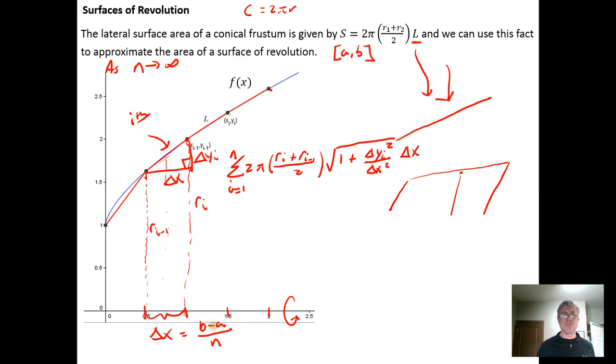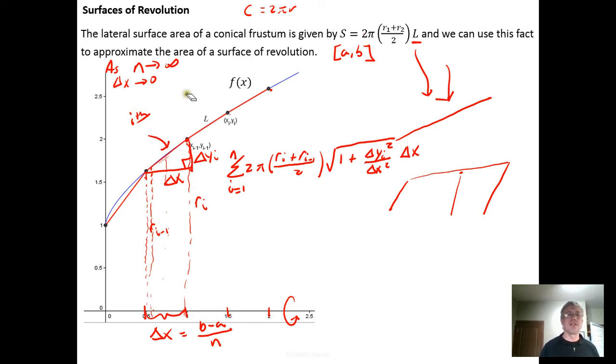As n goes to infinity, the delta x's get smaller and smaller. b minus a over n, as n goes to infinity, becomes 0. So delta x winds up approaching 0. And what that's going to do is a couple things. It's going to pull the r sub i's closer and closer to the r sub i minus 1's. So these radii will get closer and closer together.